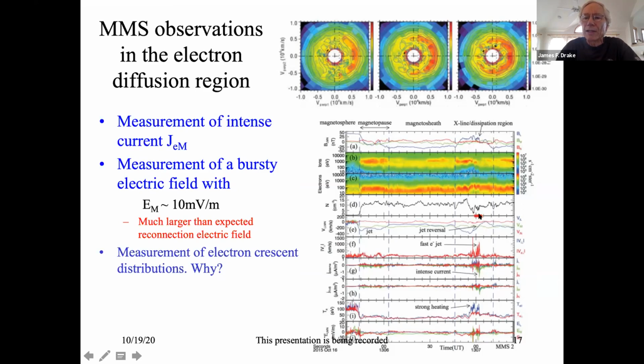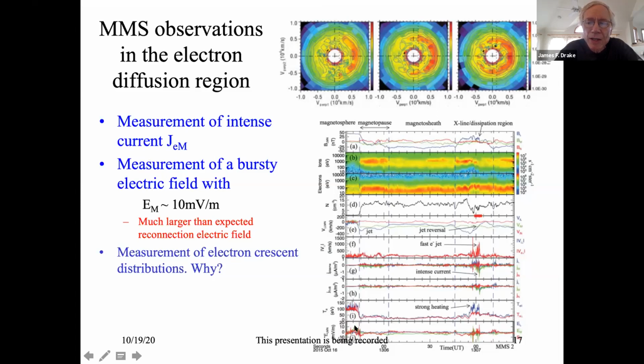It's shown by this little red blotch here. And if we go down here, you can see the currents. Here they are, very intense currents. And the electric fields, which are down below here, are highly bursty.